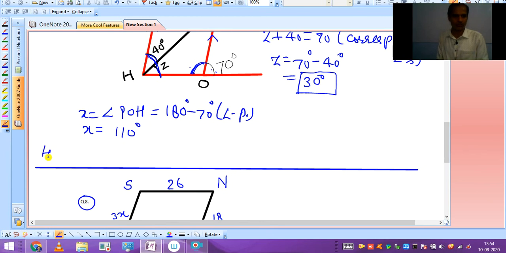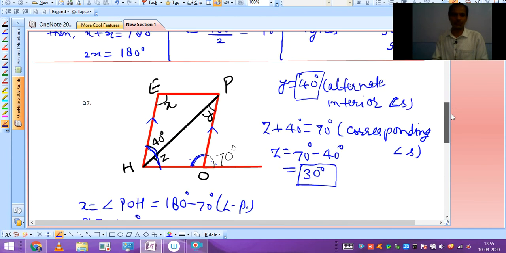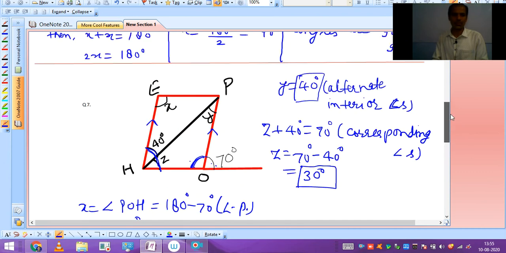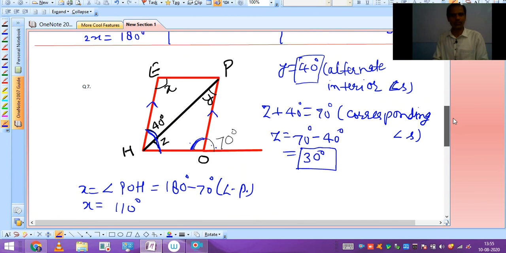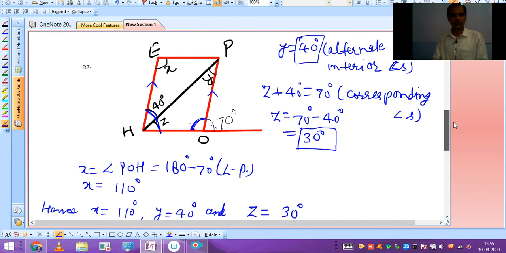So we have found the values of all these three, hence x equals 110 and y, okay, what was the value of y? That is 40 degree. So y is 40 degree and z is 30 degree. Okay students, this is the answer of question number 7. So x is 110 degree, y is 40 degree and z is 30 degree.